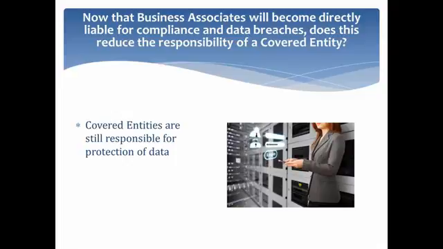They had no way to reach out to the business associate who was under a contract to the covered entity. Now, the contracts will still be in place, the business associate agreements, but if there's a data breach caused by a business associate, the federal government can come down both on the business associate and the covered entity.